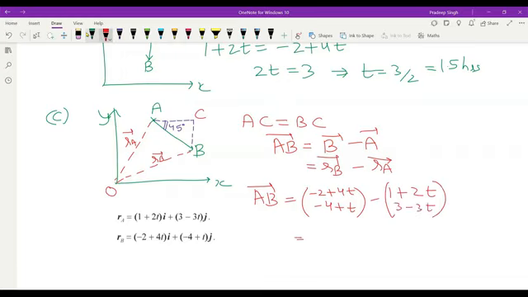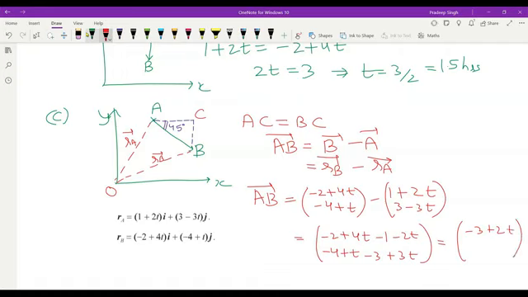Let's simplify this. In the x component, we'll get minus 2 plus 4t minus 1 minus 2t. And in the y component, we'll get minus 4 plus t minus 3 plus 3t. Simplifying, in the x component we'll get minus 3 plus 2t, and in the y component, minus 7 plus 4t.